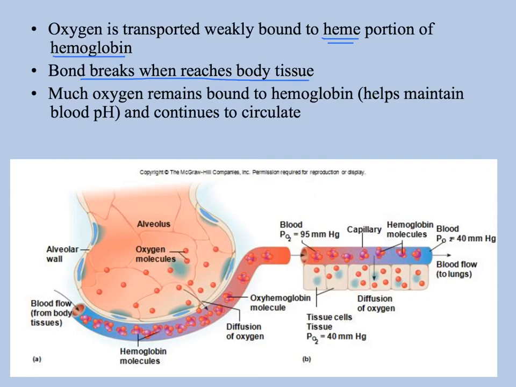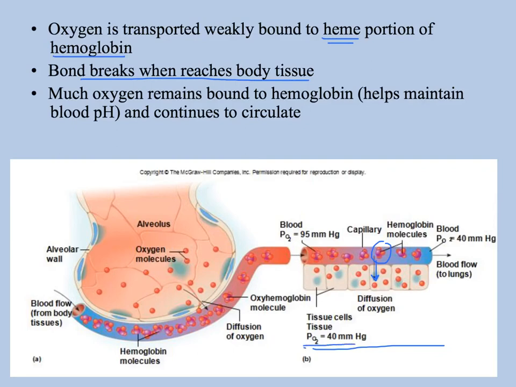So down here in your diagram, the left-hand side is showing the alveolus again in the lungs, but over here on the right, we're talking about what's happening in the tissues. And so the oxygen is leaving the hemoglobin molecule here and moving into the tissues because there's a low level of oxygen.